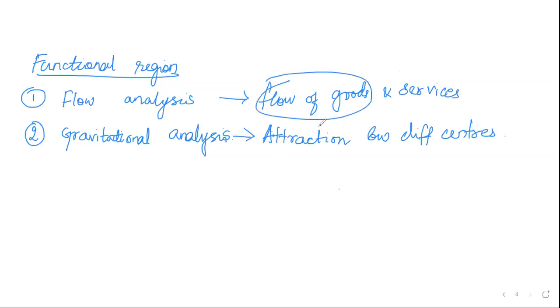How many people feel attracted towards a particular city? How much of an influence does a particular city have on the nearby areas? That is gravitational analysis. Both, which we have discussed many times, are methods of delineating a functional region.